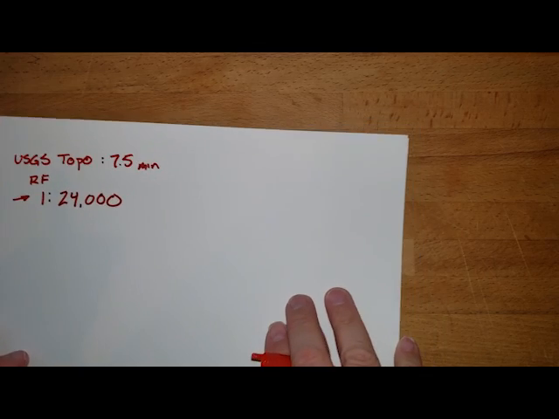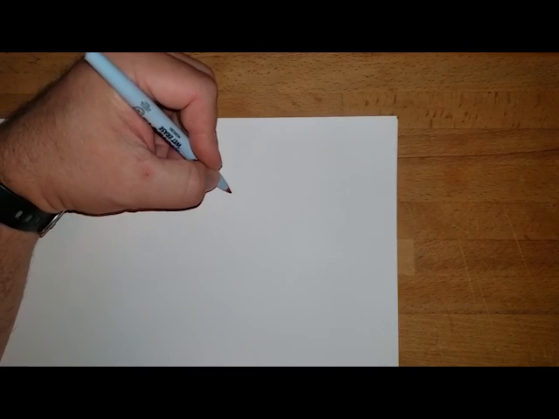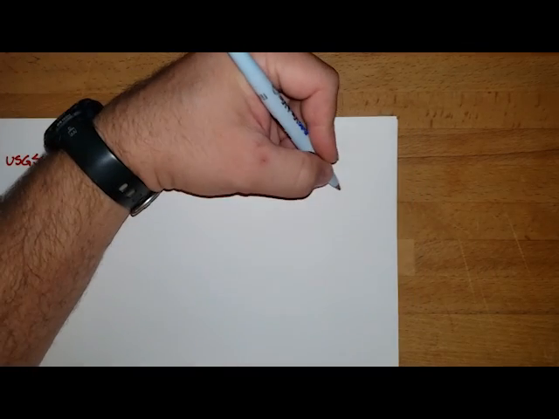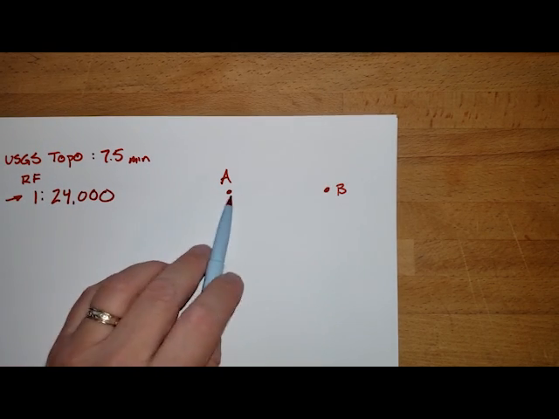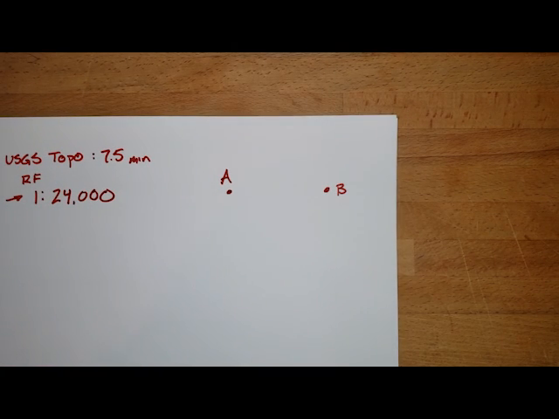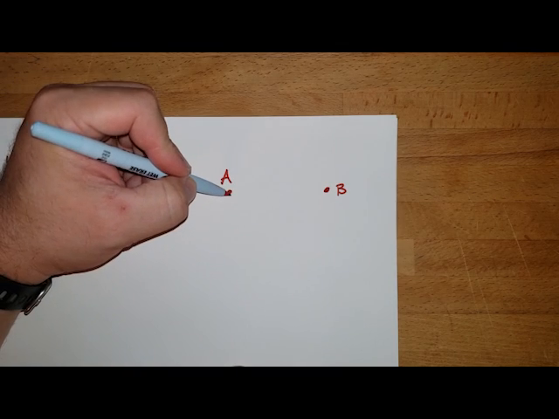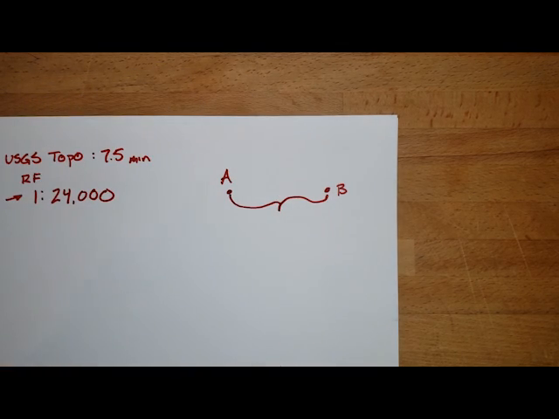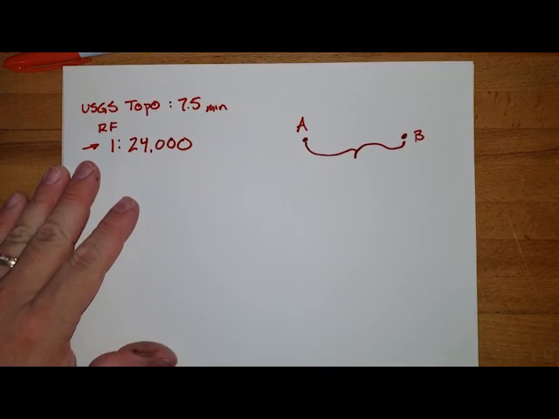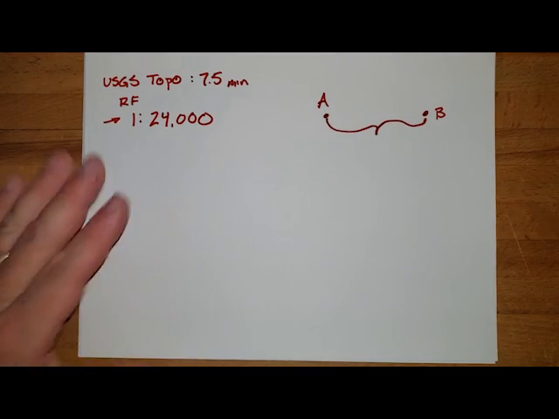Now, what we're looking at on this particular map is we have our location A and we have our location B, and we see how far apart they are on the map, but we want to know in reality, how far apart are these two guys? Okay. And so here's what we need to do. There are a few steps involved that we need to follow.